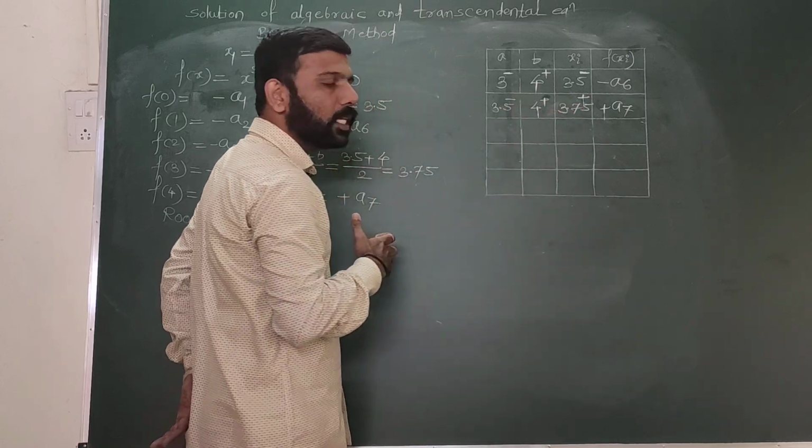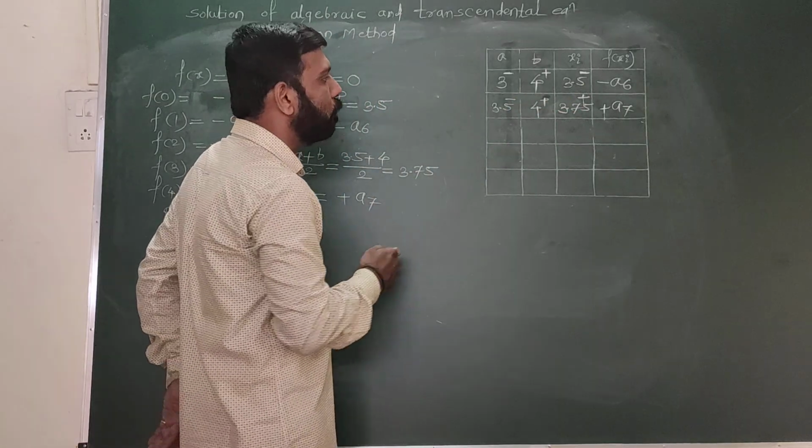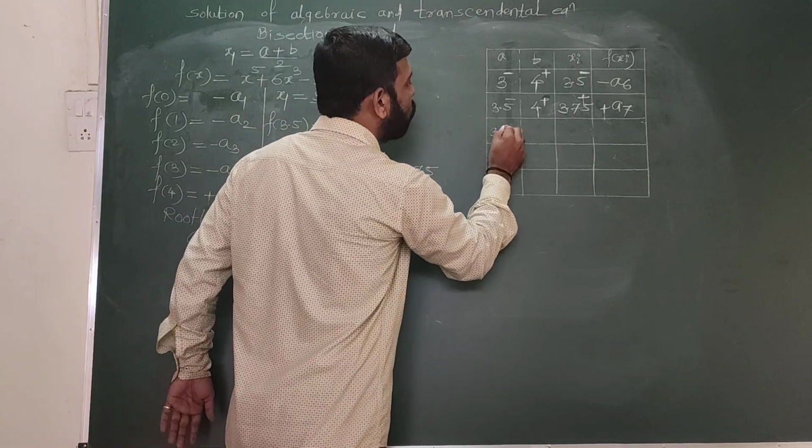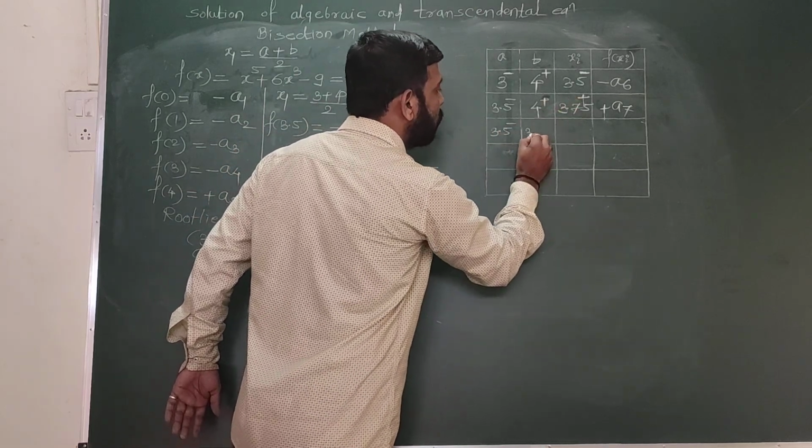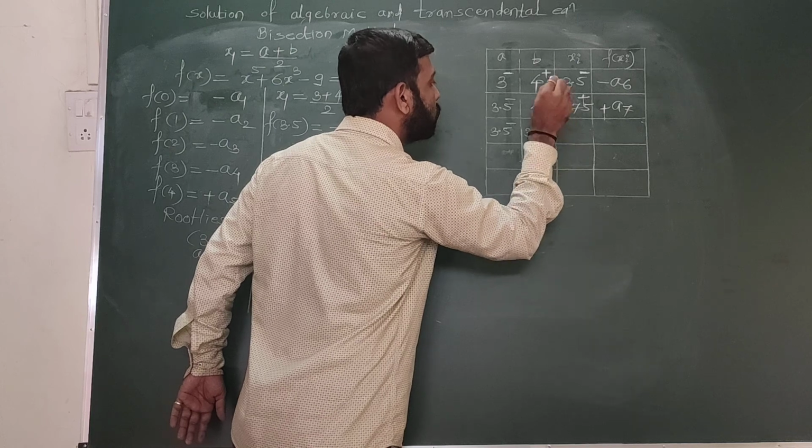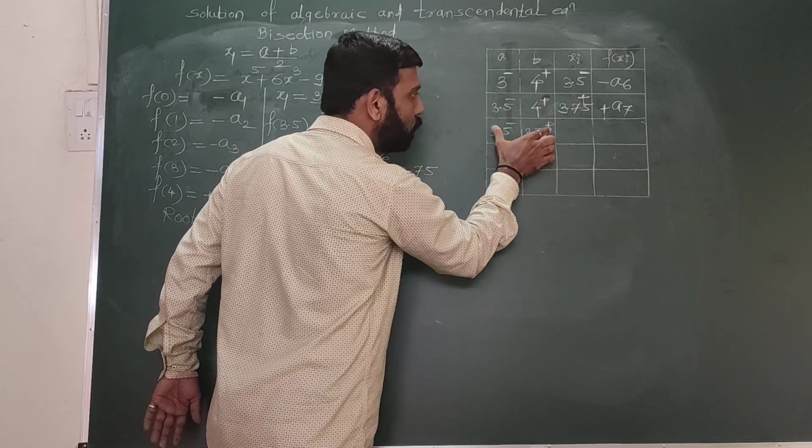So we always require numbers with opposite signs. 3.5 minus and 3.75 plus are the two opposite symbols.